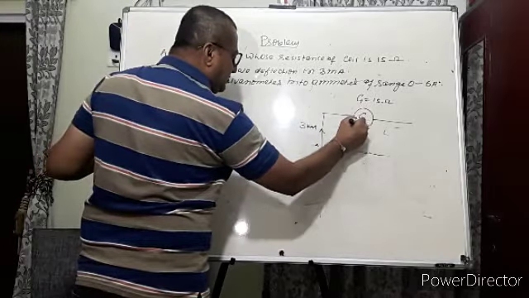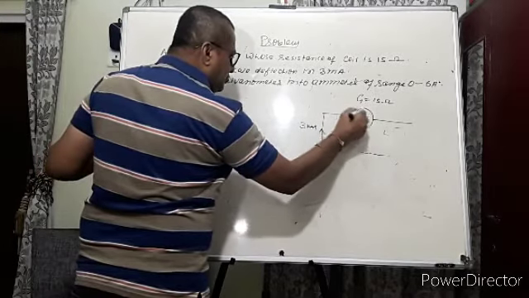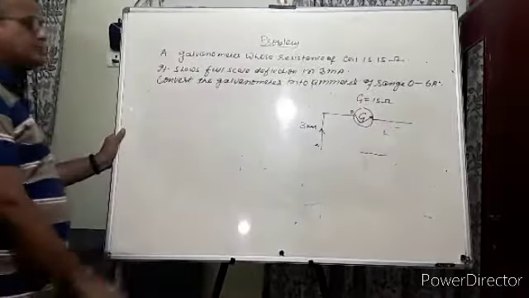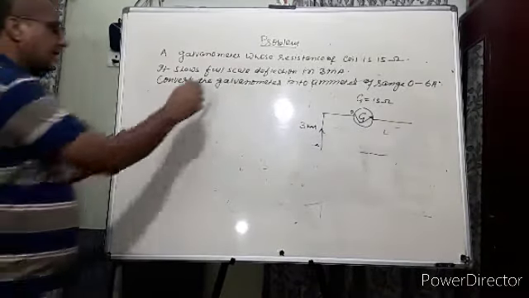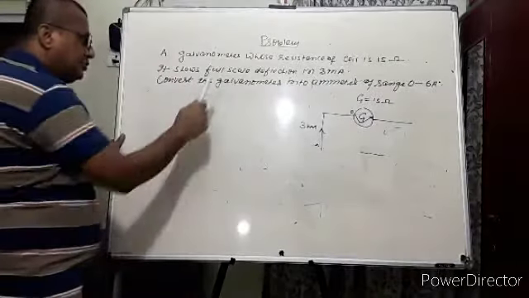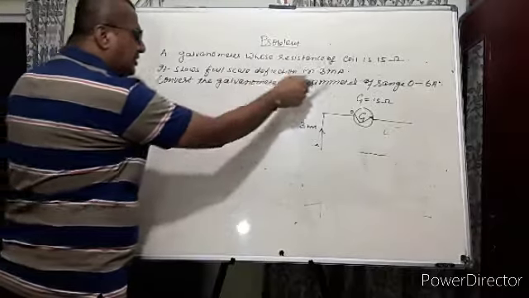Full scale deflection means it starts at 0 and now shows the maximum range of the galvanometer. Convert the galvanometer into an ammeter of range 0 to 6 ampere.